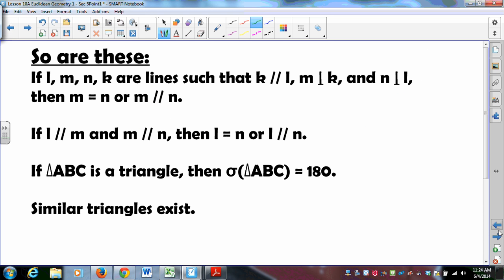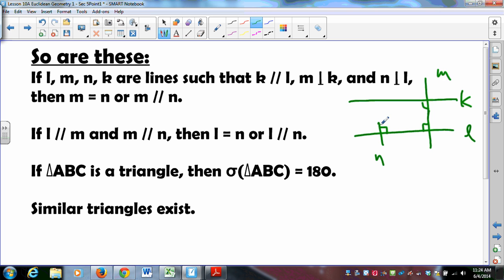There are others. The whole business of if I have K parallel to L, and M is perpendicular to K, and N is perpendicular to L, then either M and N are the same line or they are parallel lines, because we're going to get a perpendicular here, which means we're going to get a perpendicular here.